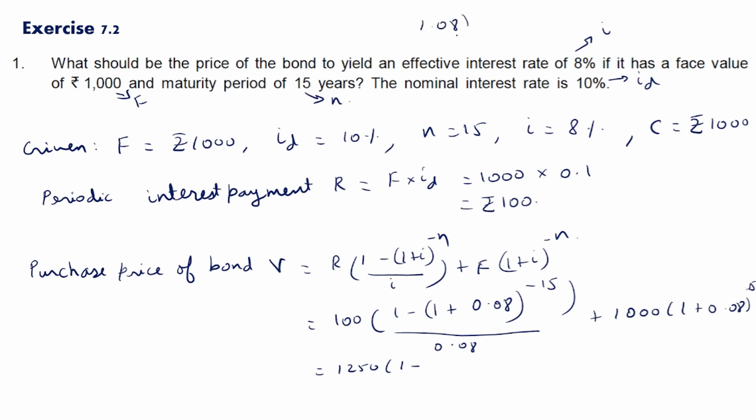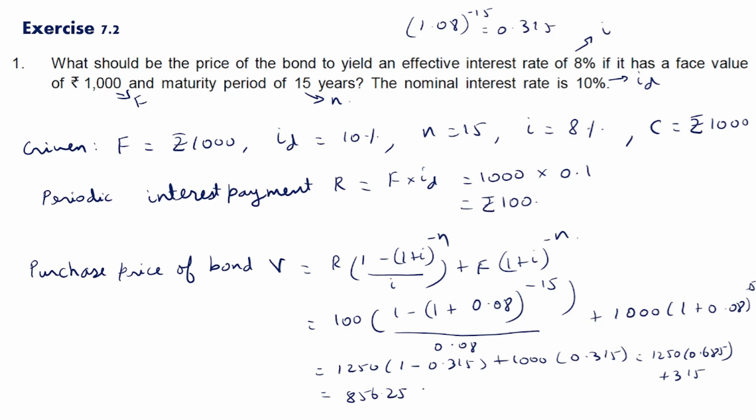Usually the value of such exponents is given in the question. So 1.08 the whole raised to minus 15 is 0.315. So into 1 minus 0.315 plus 1000 into 0.315. So this is equal to 1250 into 0.685 plus 315, or it is equal to 856.25 plus 315.